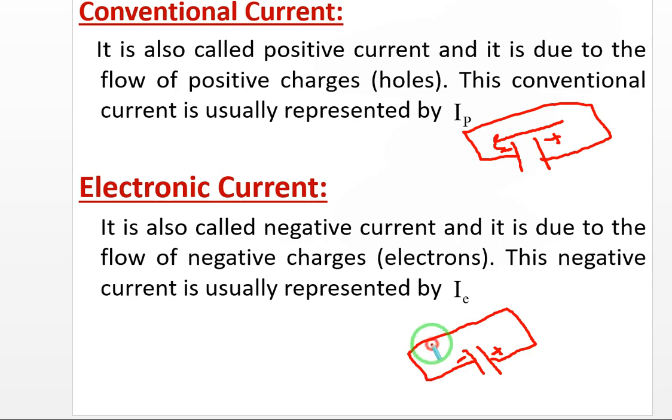When a charge moves from negative to positive, this is called electronic current. It's a simple definition. You can draw this circuit in an exam, or whenever you teach someone, and explain it this way.